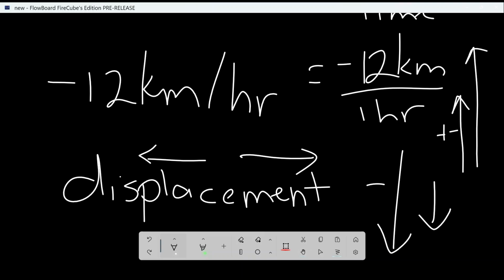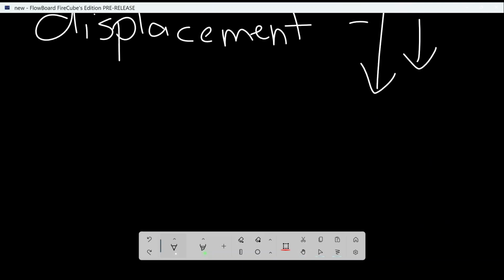To summarize with the formulas: speed is distance divided by time.